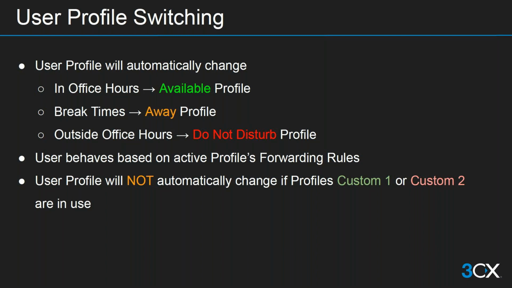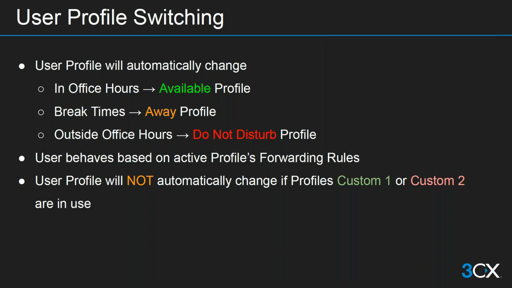User behaves based on active profiles' forwarding rules. So if you set something in the available profile that actually should be triggered in the away profile, and the customer is in the away profile, that will not be triggered because it is configured in the wrong profile.